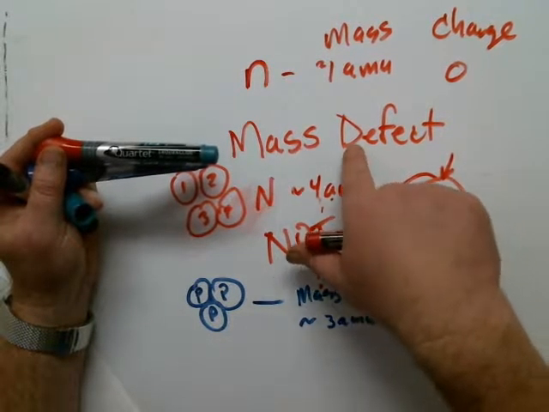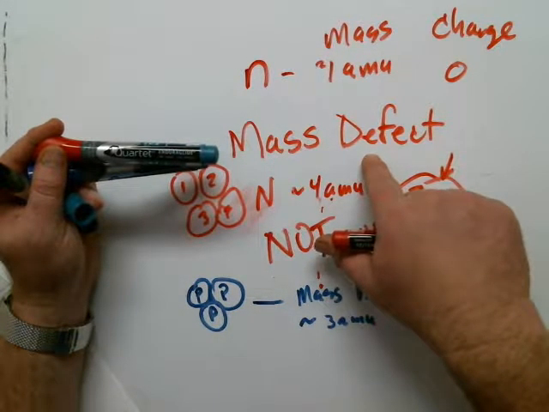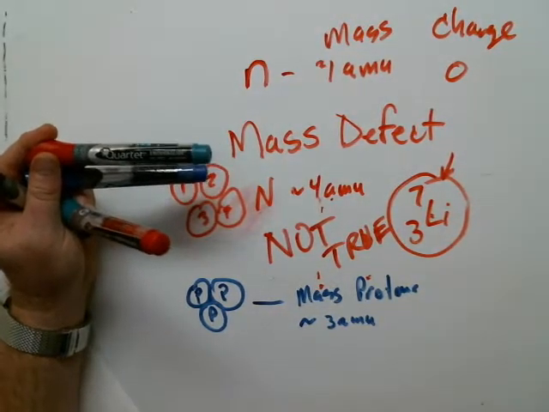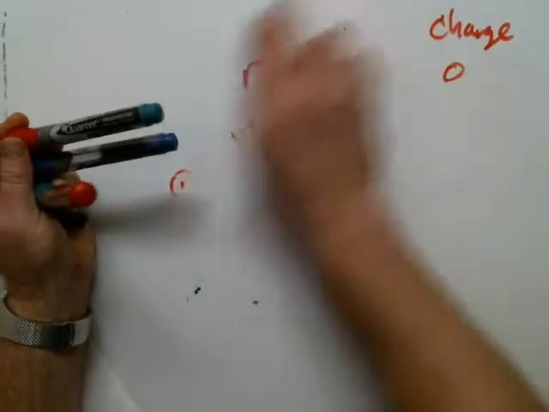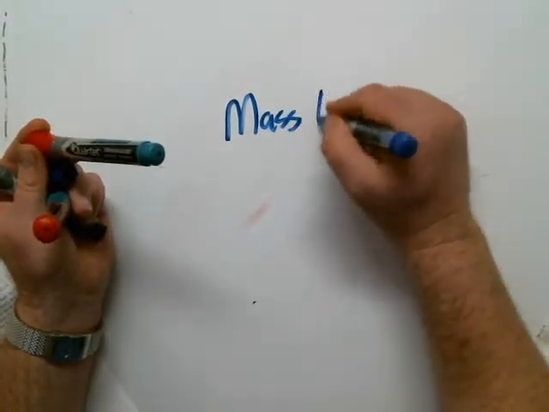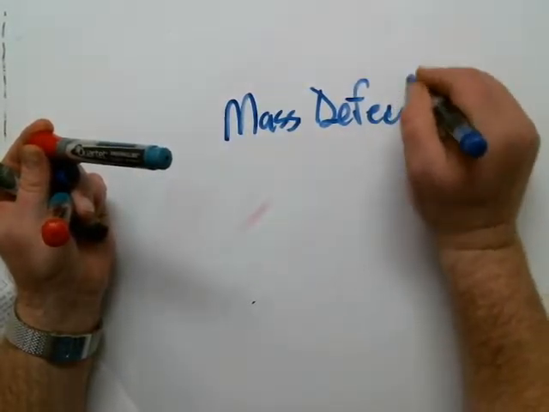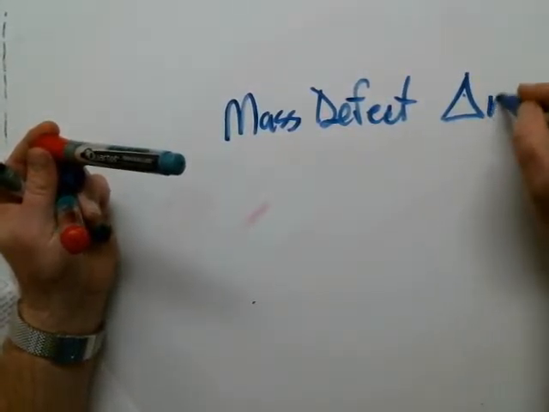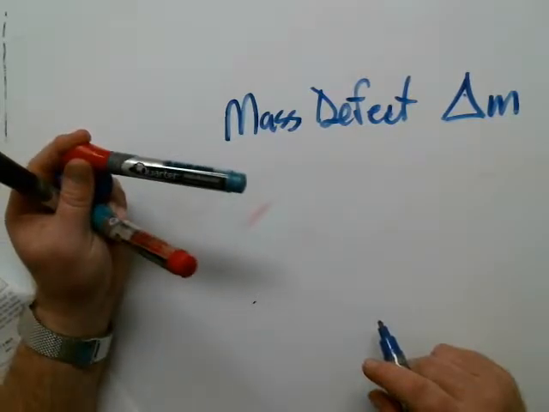And that is called the mass defect. The symbol for mass defect is delta M, the change in mass that occurs.